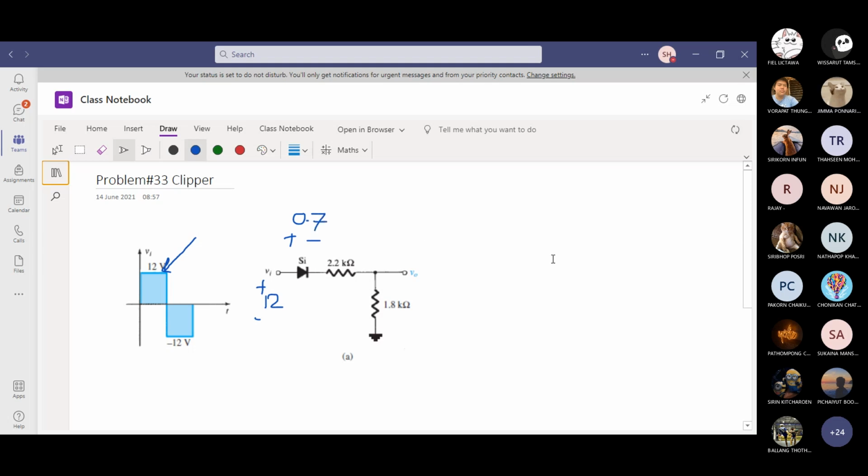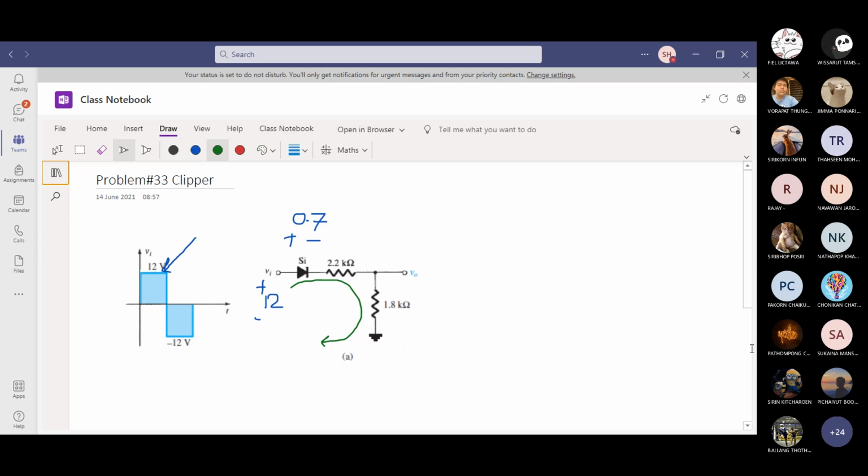Okay. Xuan Yuan, since we have determined that the current is flowing in the loop, can you calculate the value of the current that is flowing?